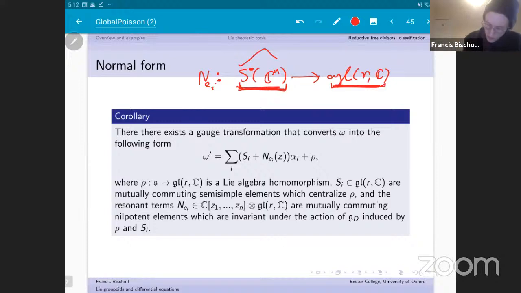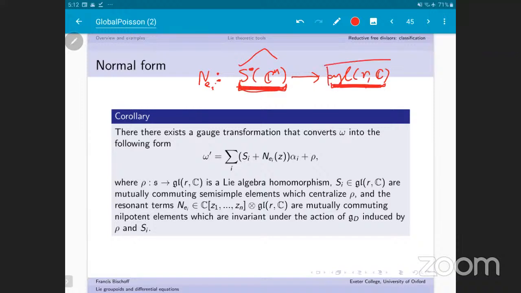And essentially, this thing will decompose into the irreducible representations, and so will this. And so the only terms that are going to show up here that are going to be non-zero are going to be the ones that are the irreducible representations that correspond to the ones inside of this representation.